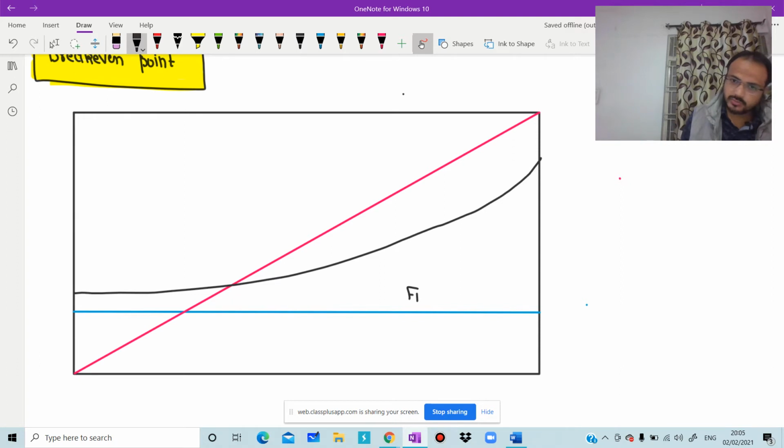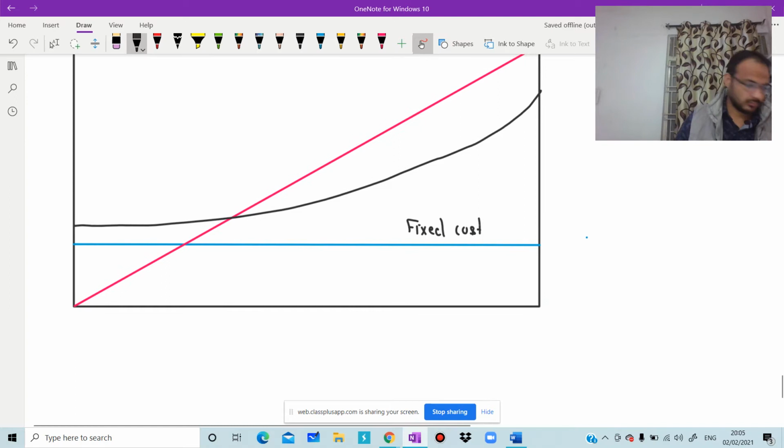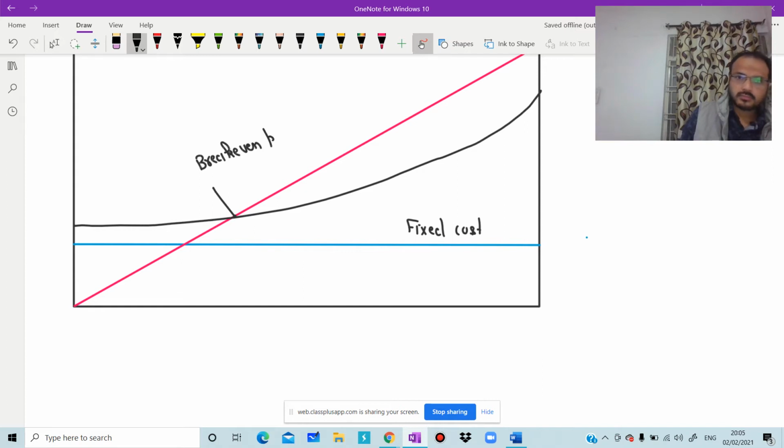This is the fixed cost, because fixed cost is independent of production. And this point is break even point. So this is the loss region, no profit no loss region, and above this we have profit.